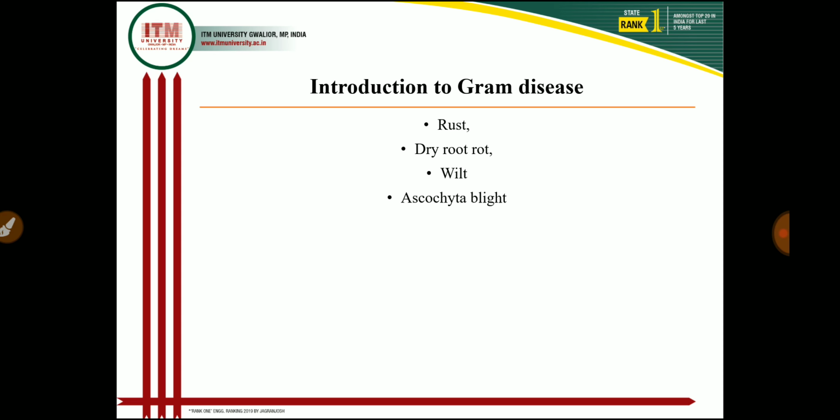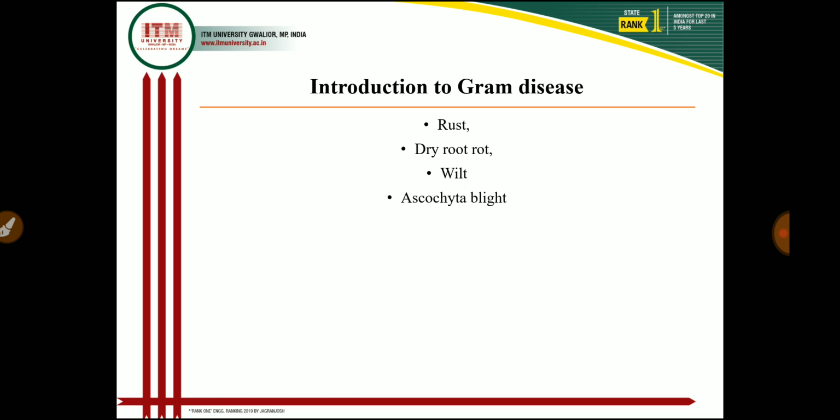First, introduction to gram diseases. As you know, gram is the most important pulse crop in India, and among pulses gram has the highest area and production in India. So most of the pulse demand is fulfilled by the gram crop.